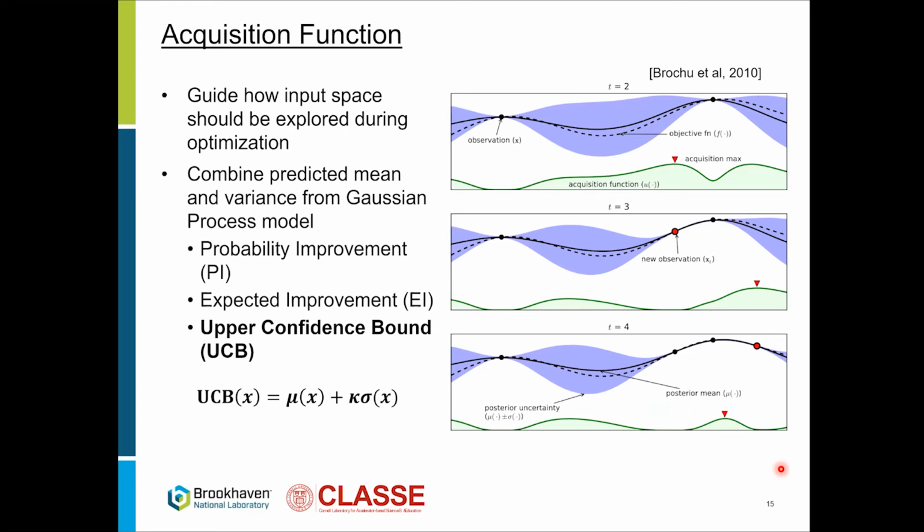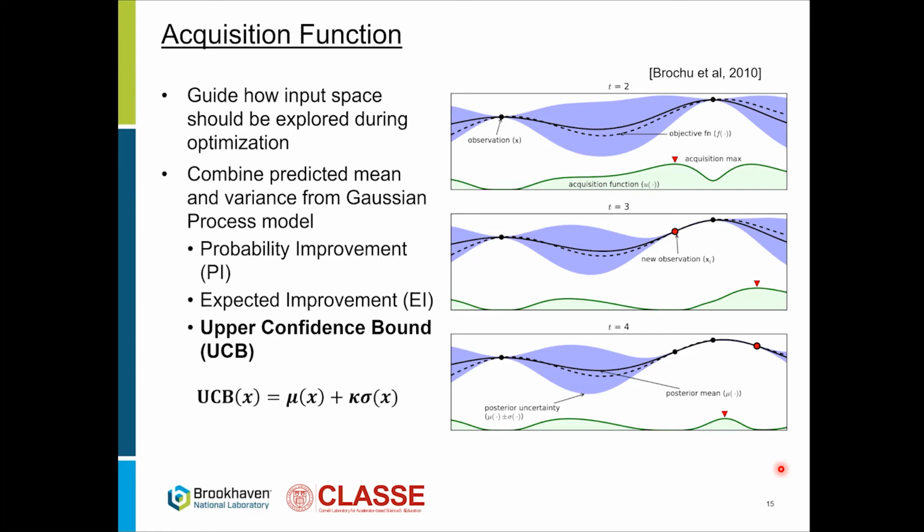There are three major variations of acquisition functions, which are probability of improvement, expected improvement, and upper confidence bound. In this experiment, we use the upper confidence bound acquisition function, which is merely a linear combination of the predicted mean value and the variance, but the variance is multiplied by a constant kappa that we can change.